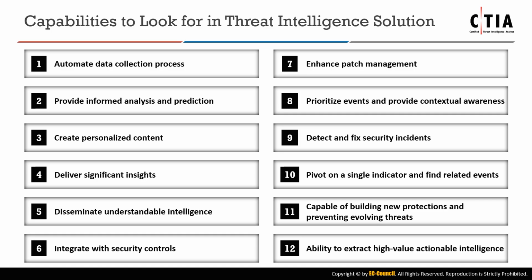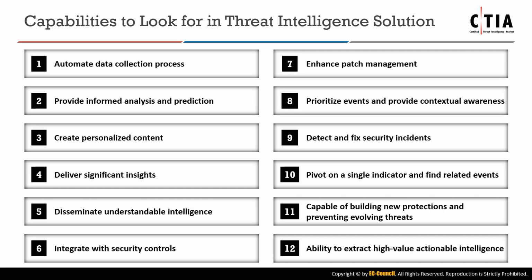Number 10, pivot on a single indicator and find related events. This is what we were talking about in number 8, where we had that indicator of an edge incident, and we were able to see that, hey, this might point to an attack on a database server. So pivot on that indicator, try to find what it could be.